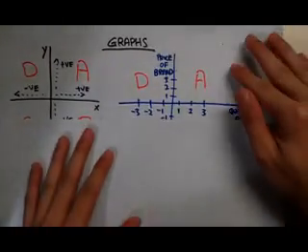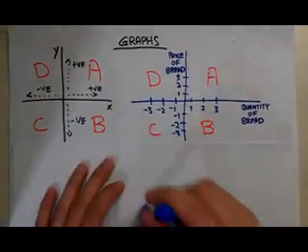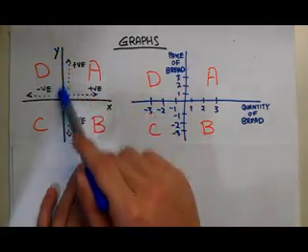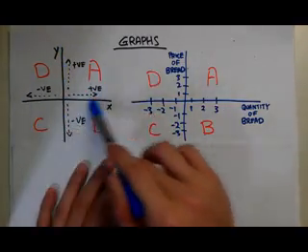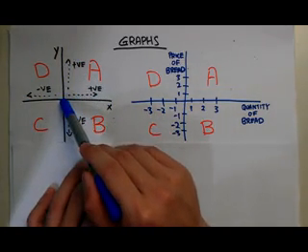So let's start. We will start by introducing graphs. Now, what are graphs? These are examples of graphs. If you look at this, we have a vertical axis and a horizontal axis. This is the origin.